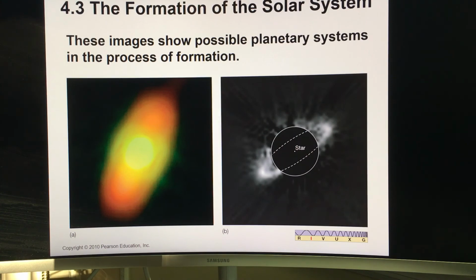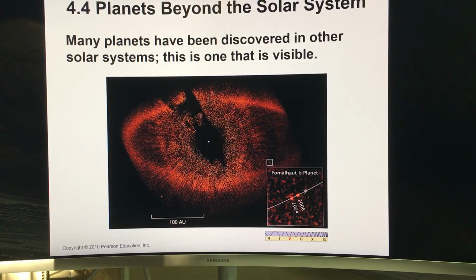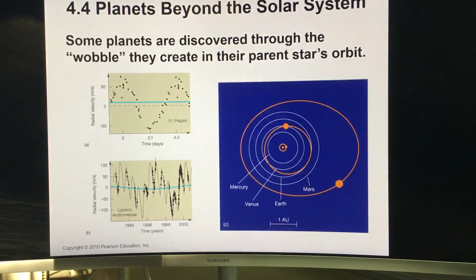And this image shows some possible planetary systems in the process of formation. There are many other planets which have been discovered in other solar systems, which we call extrasolar systems.